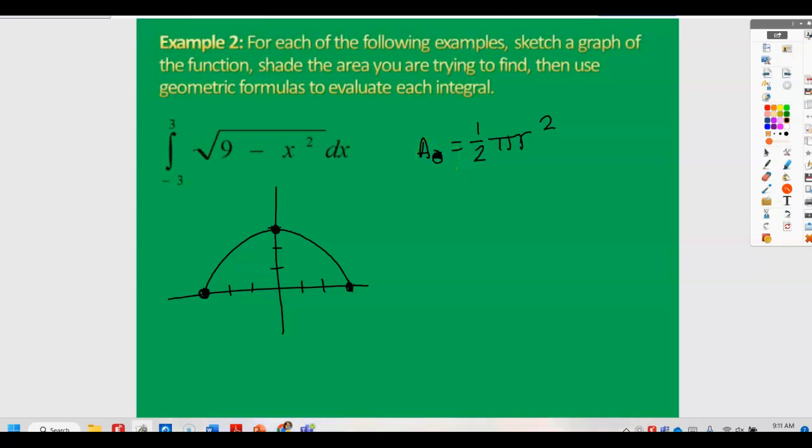And again, it's important to know your radius is 3. This is a circle centered at the origin. It goes 3 in all directions. So 1/2 pi 3 squared, or 9 pi. So again, that would also be the value of the integral.